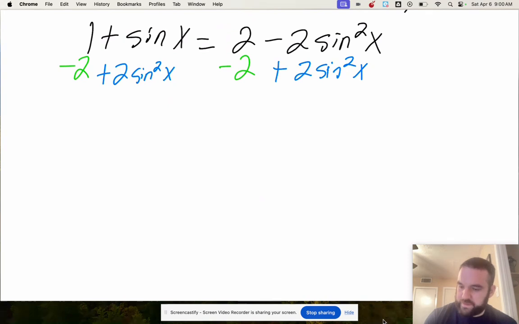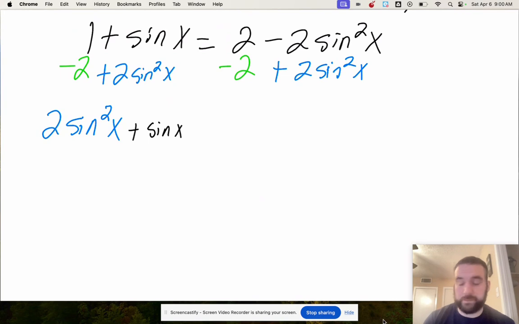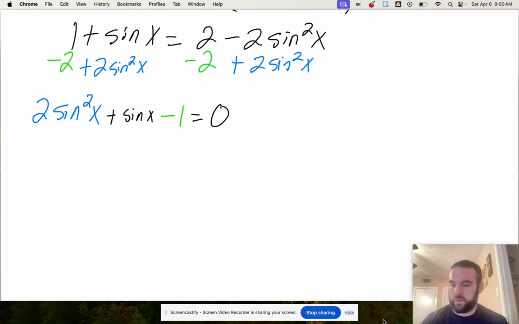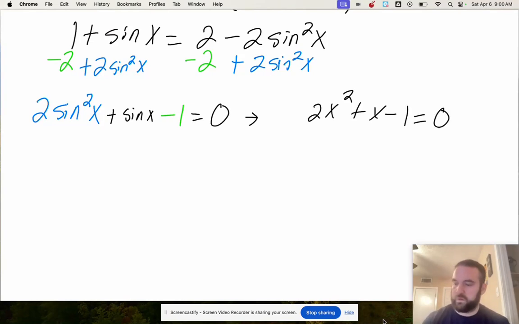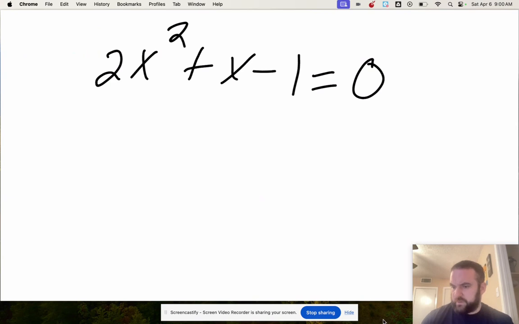So what happens here is I have 2 sine squared of x, which I'm going to put out front. Then I have my sine of x. Then I have the 1 minus 2, which gives me negative 1, and that equals 0. Now, again, I can treat this as 2x squared plus x minus 1. So let's go ahead and factor this.